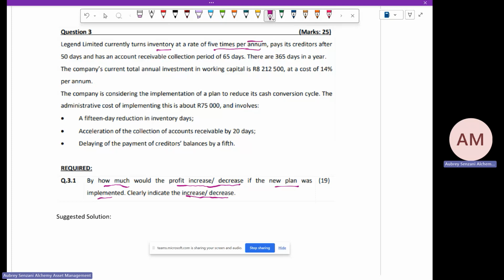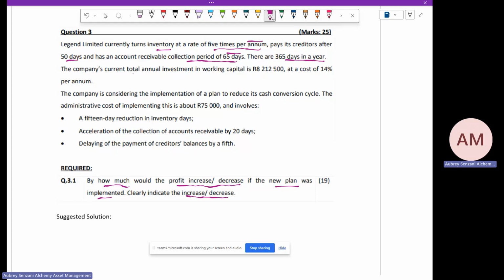So in other words, it sells all its inventory 5 times per year, pays its creditors after 50 days, and has an accounts receivable collection period of 65 days. There are 365 days in a year.